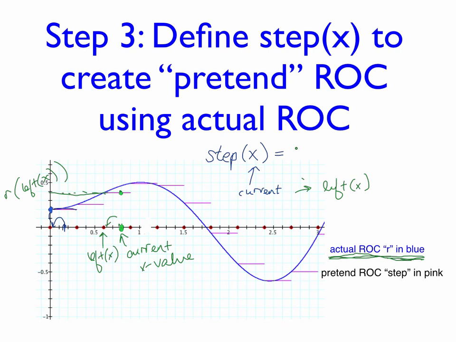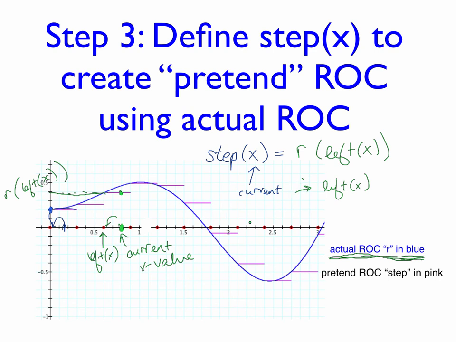And that is, in fact, the way we define our step function. Any x value that I feed in, this function is going to push it to the left, and then say do R of that. So it's going to spit out a rate.